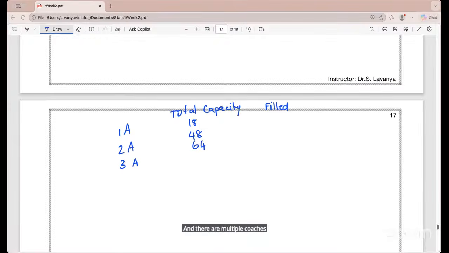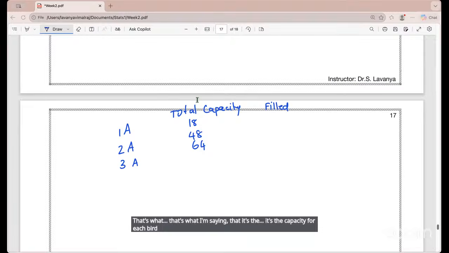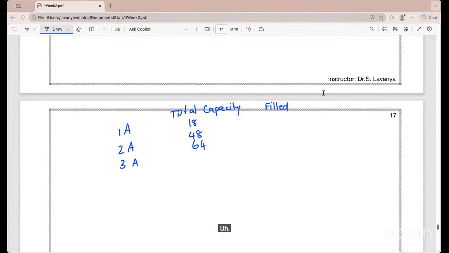Okay, so you have 18 berths, 48 berths, and 64 berths. But how come the maximum capacity for 3A is 64, but then 275 were filled? There is some ambiguity in the question. It's the capacity for each coach. So for 3A, the maximum capacity is 64, right?